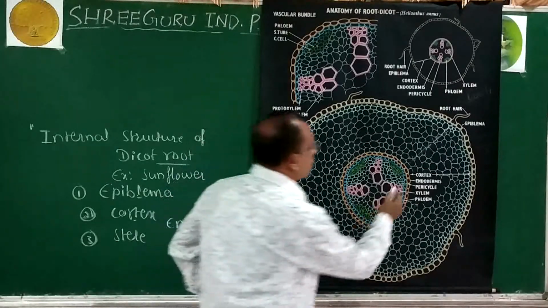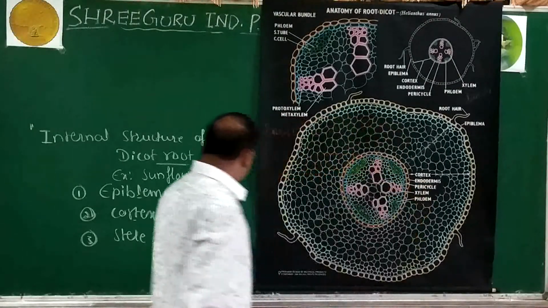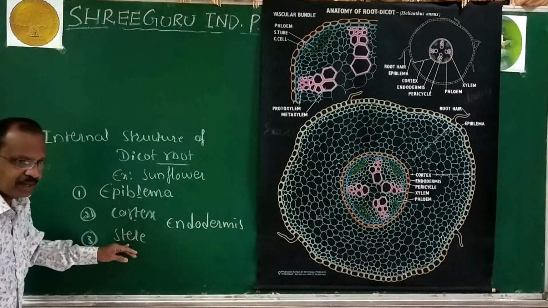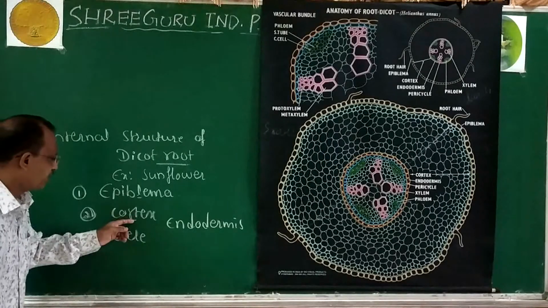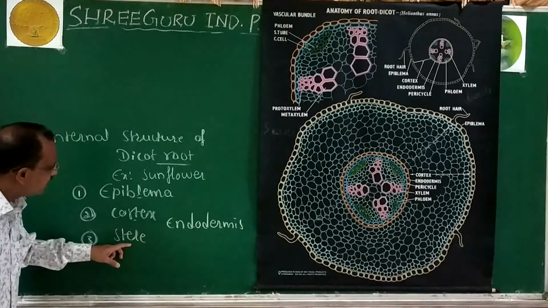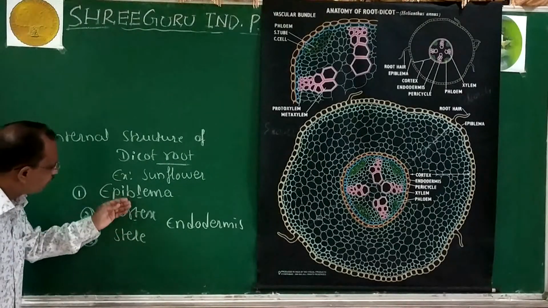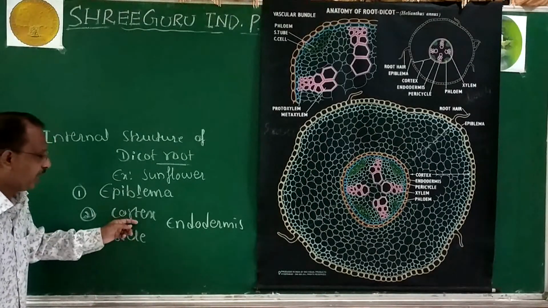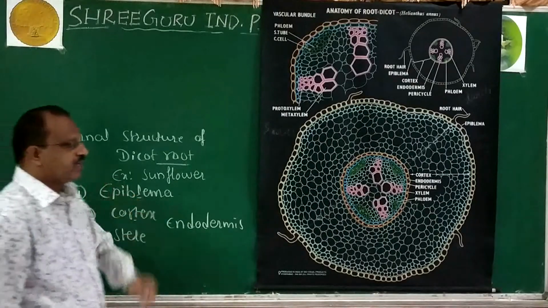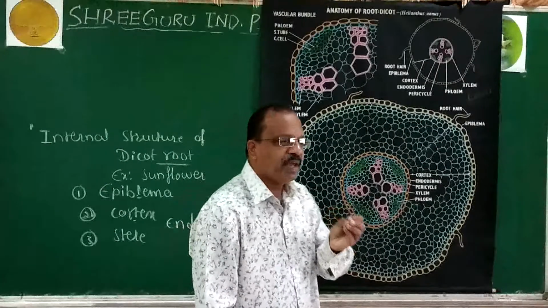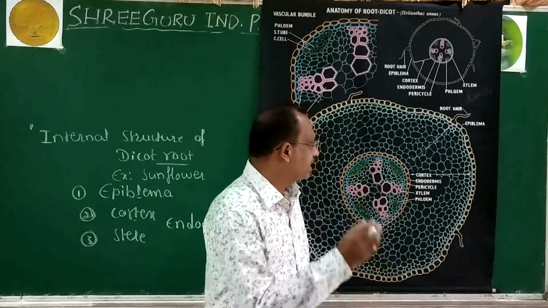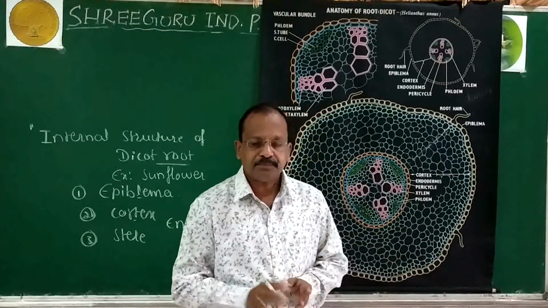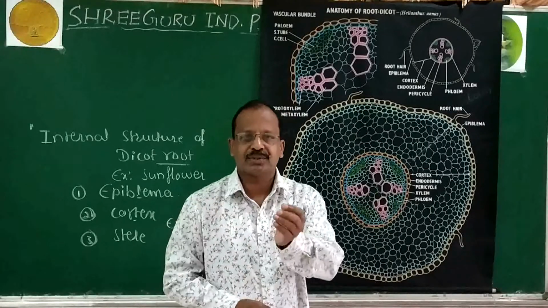Next region is cortex. The region present in between Epiblema and stele is called cortex.